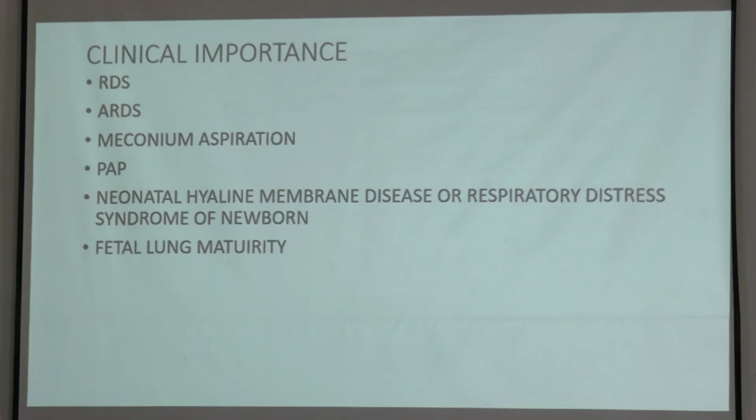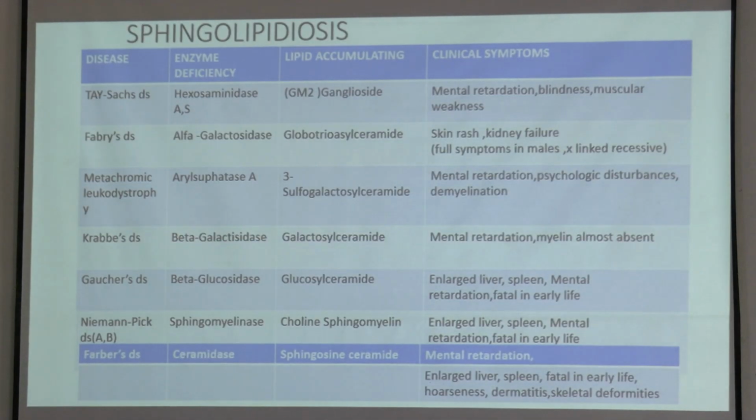And if phosphatidylglycerol, PG, is present, it means the lung is sufficiently matured. I am telling the short form, you will write the full form. PG is written in the book also, but you will mention the full form also.